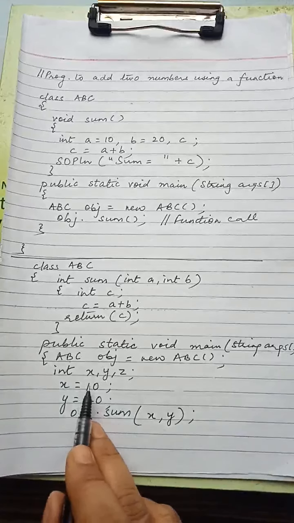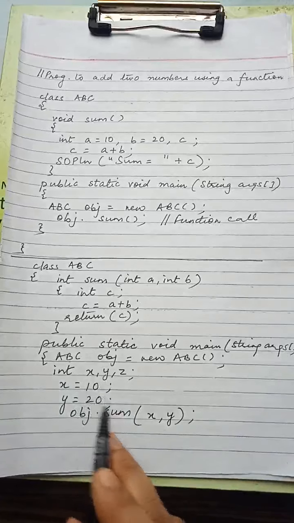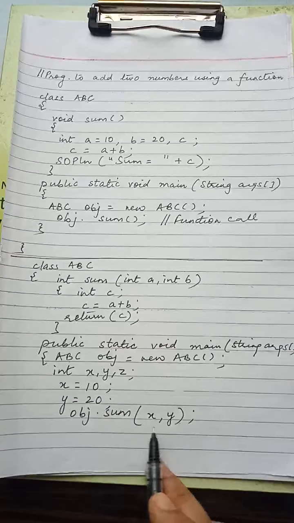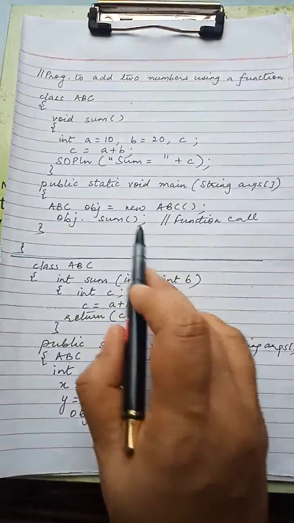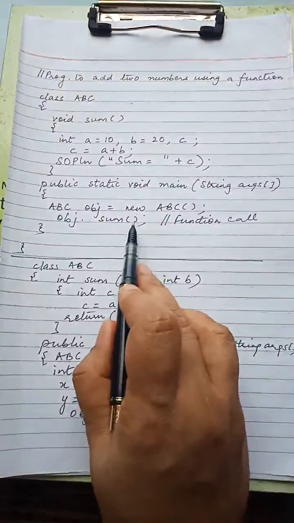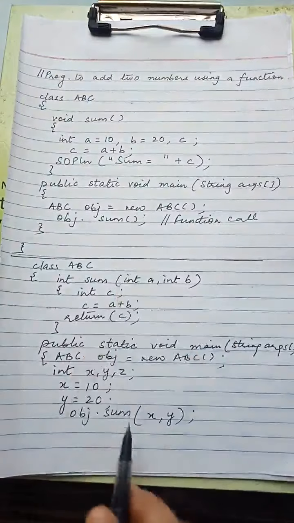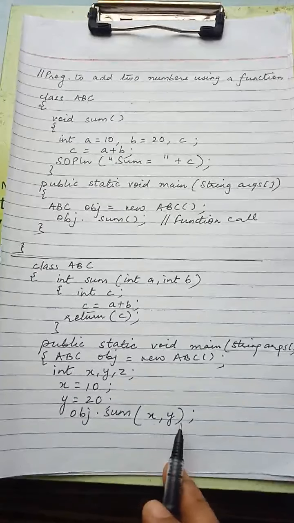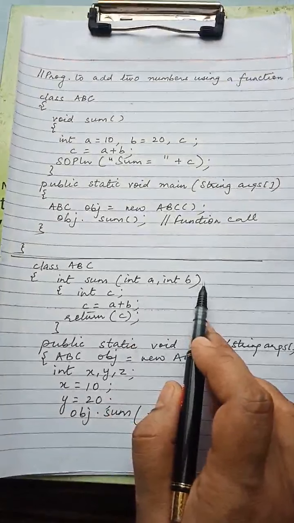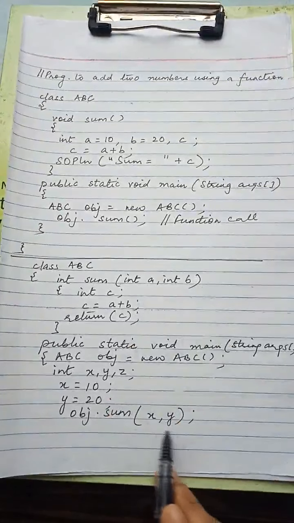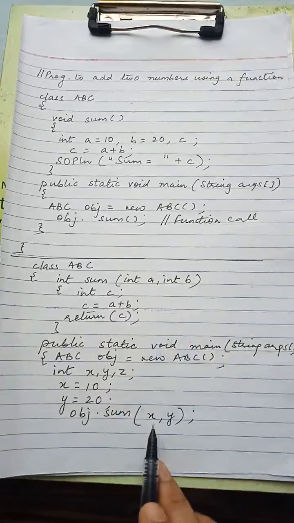I am initializing x and y in main and passing x and y as parameters here. So this is how the function call will look. In the earlier program, the function call was not having any parameters. But here the function call has two parameters because the function prototype also has two parameters. So this is the difference here. When there are two parameters in the prototype, then the function call should also have two parameters.